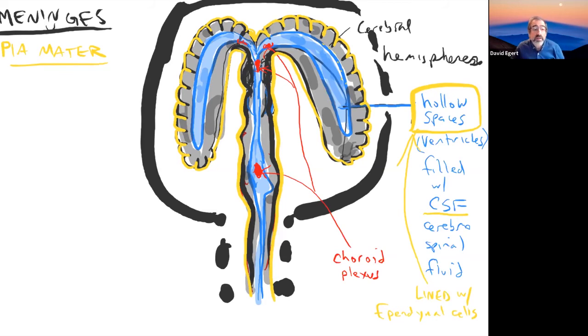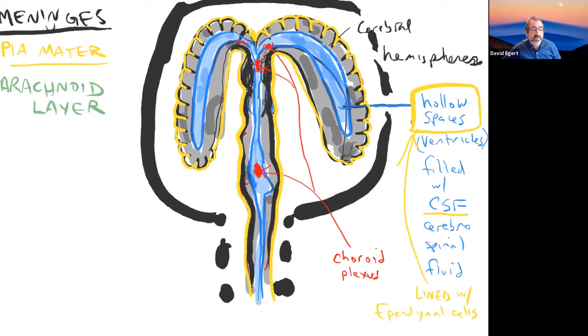The next one is called the arachnoid layer. And it's not actually called mater. Pia mater means faithful mother, because it's faithfully following every little curve.